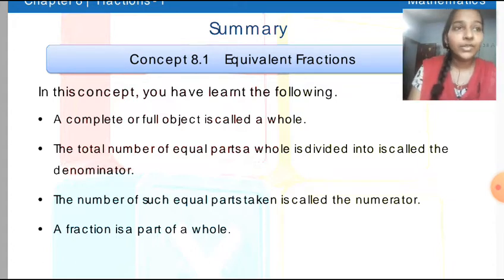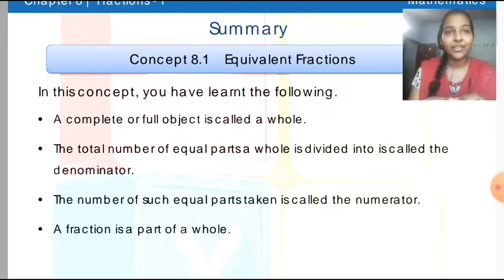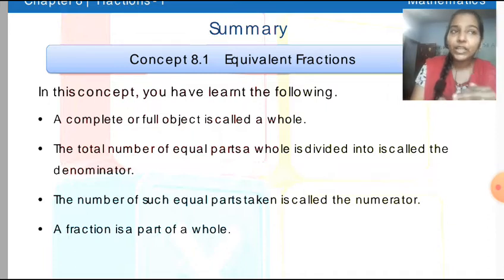In other words, we can say that fractions are the numbers which we can write in the form of numerator by denominator. What is the denominator? The total number of equal parts a whole is divided into is called the denominator. We write the denominator below the small line.